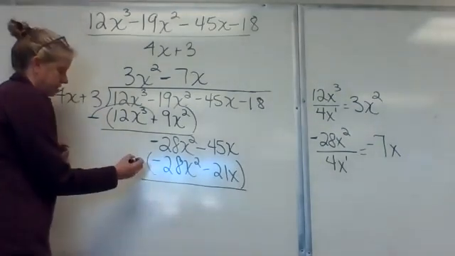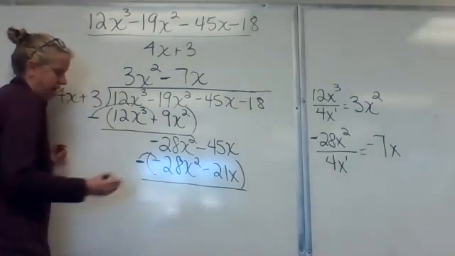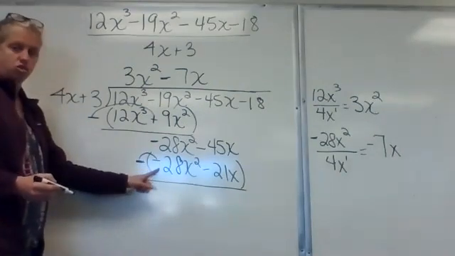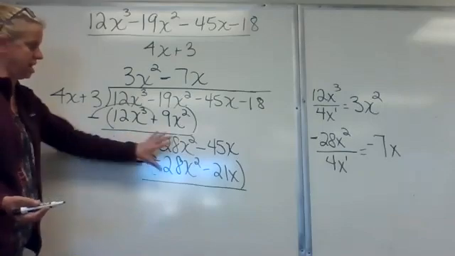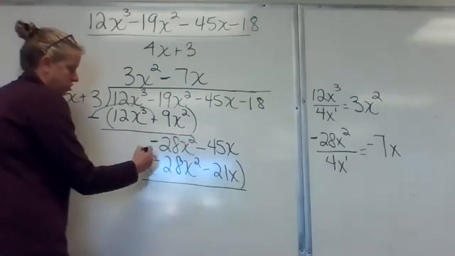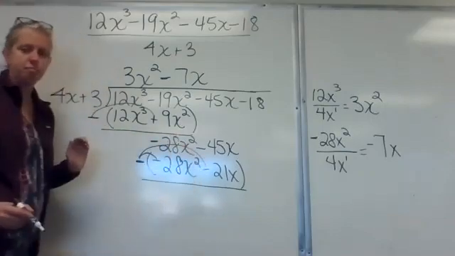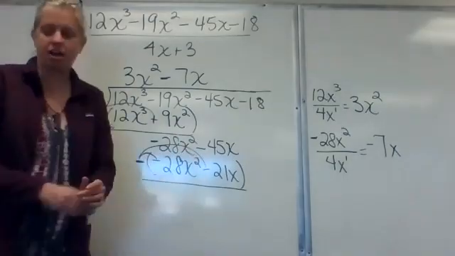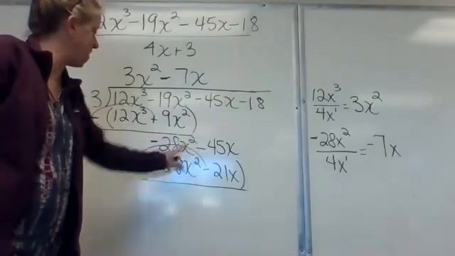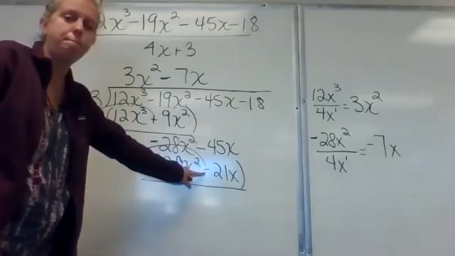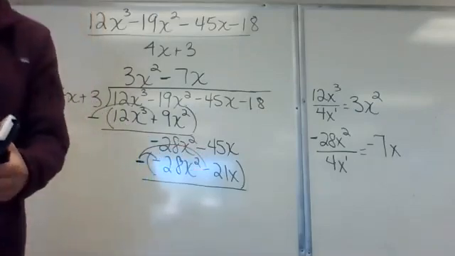So I'm subtracting, so that turns that into a plus 28x squared, which just knocks out the -28x squared. It also turns this into a plus. So what do I need to tell my calculator now? I need to tell my calculator -45. That turns that to plus 21.